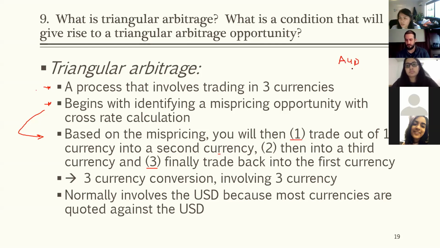Let's say I've got three different currencies: the AUD, the USD, and the pounds. With a triangular arbitrage strategy, you should have three currency transactions. Let's say I start with the AUD first. I might convert into the USD in the first step, then from the USD to the pounds, and then finally back to the AUD.